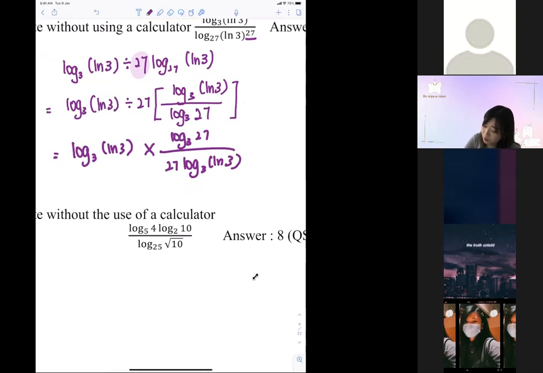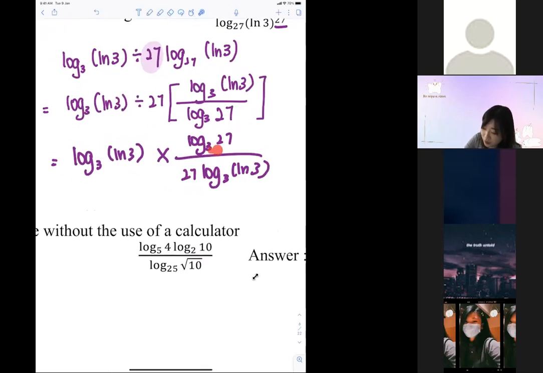Okay, wait, before we start to cancel, I can simplify this one, right? This one here is 27. 27 is 3 to the power of 3. So I change to 3 to the power of 3 first. Okay, log 3 is gone. Top and bottom is gone. They are exactly the same thing.